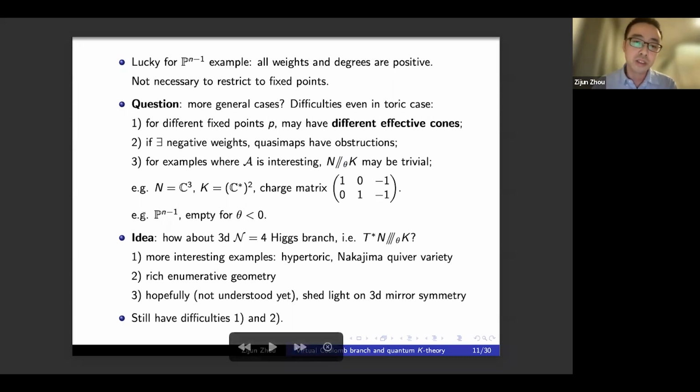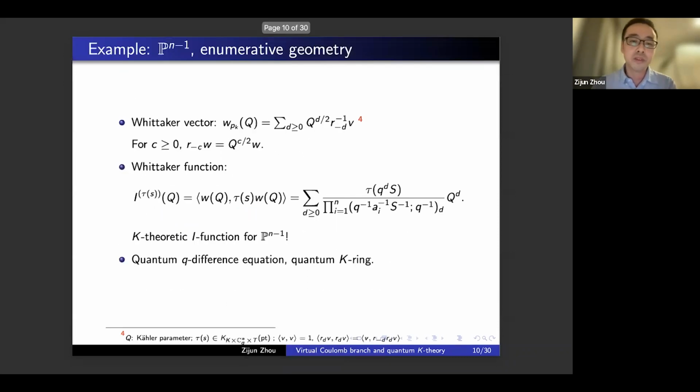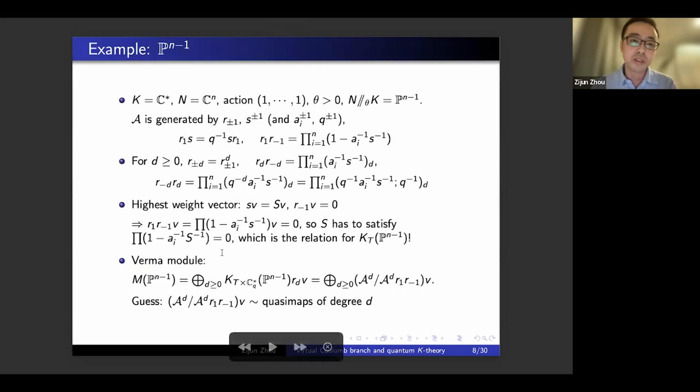And another example is P^{n-1}, but for the negative stability condition. Usually when we consider this Verma module, for example, in the representation of semisimple Lie algebras, for any Weyl chamber, you can construct a Verma module. So you also expect the same in this case. So here we choose theta greater than 0, and we choose R_{-1}V to be 0.